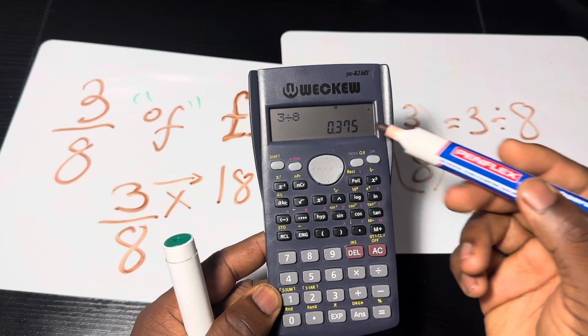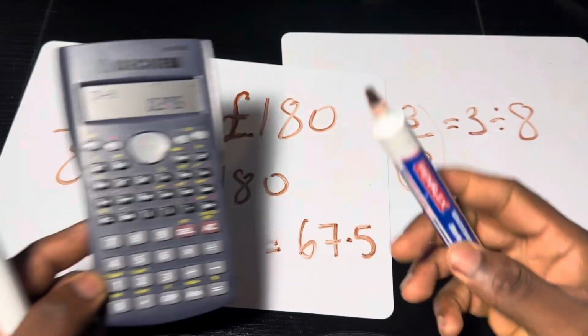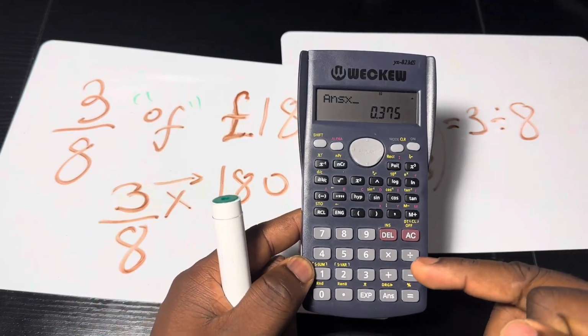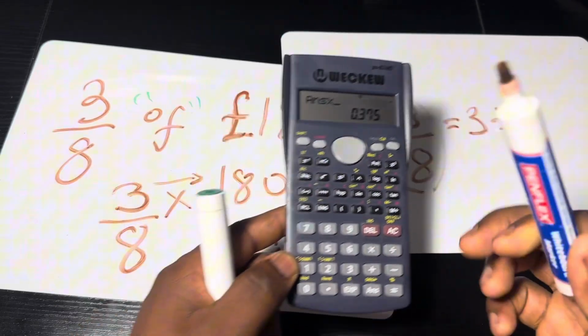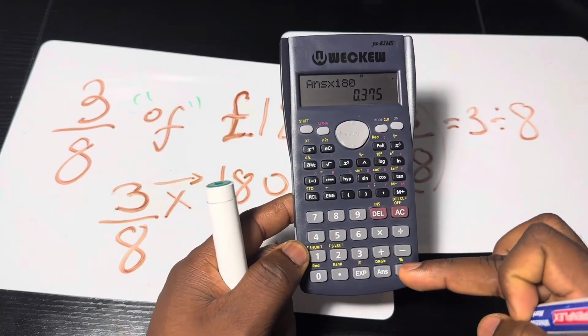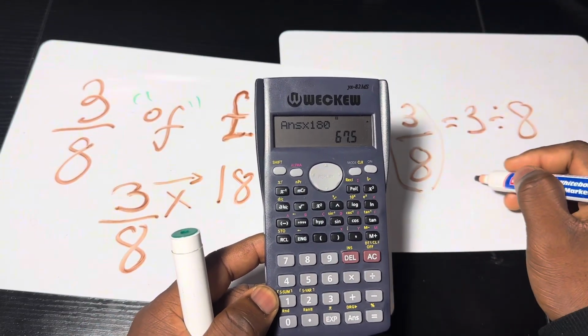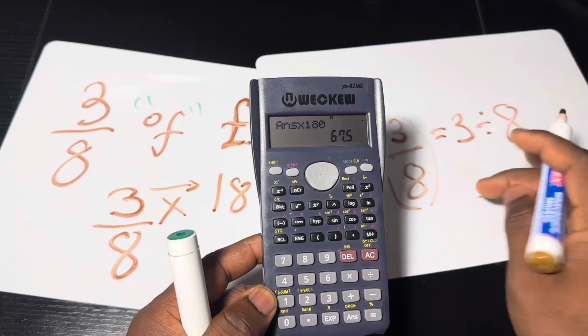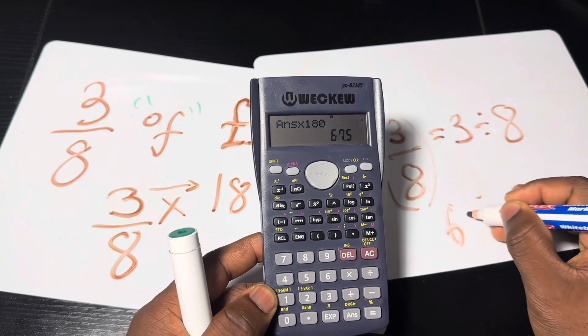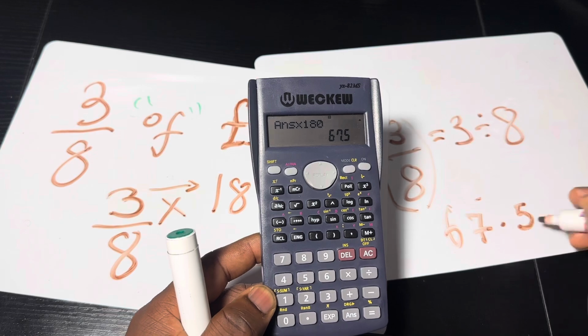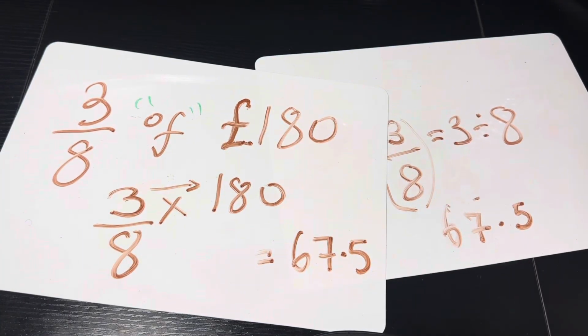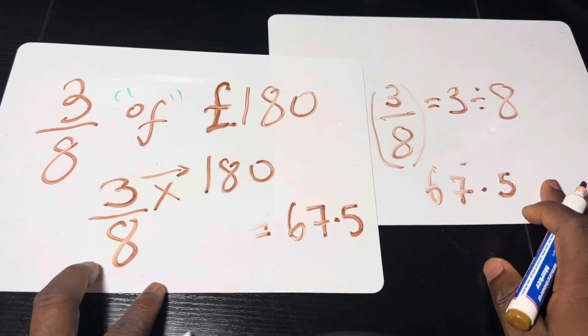Whatever it gives you, remember of means times, so you put your times there, times whatever amount you have there, which is 180. And that still gives us this answer, which is 67.5.